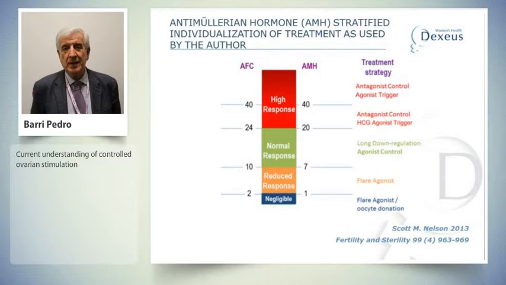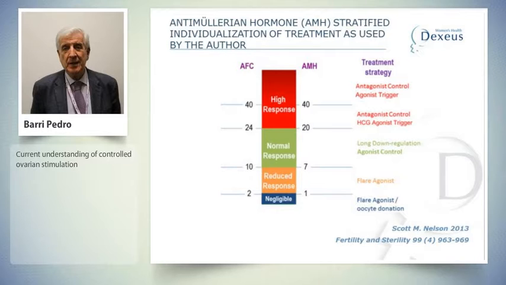So the better the values of antral follicle count and of anti-Mullerian hormone, the higher the risk of hyper-response you will have, and you will suggest this patient be treated with an antagonist cycle and with a bolus of agonist for ovulation induction.